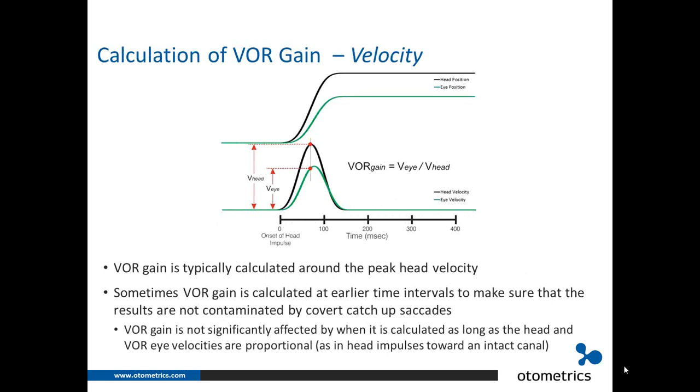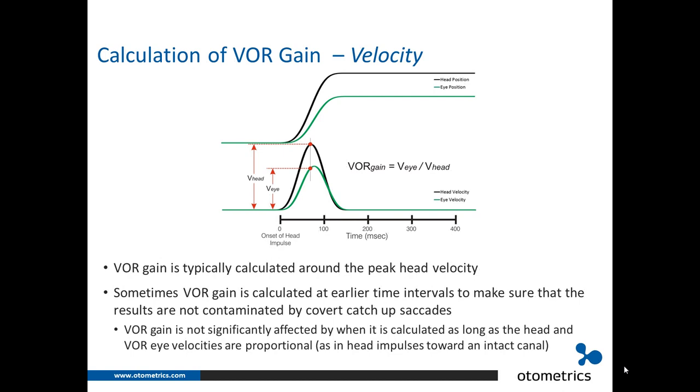The most common method for calculating the VOR gain is based on velocity. For a given time, which is usually around the peak head velocity, the head and eye velocities are determined and the ratio is calculated as shown here. Sometimes the VOR gain is calculated earlier to make sure that there is no chance of encountering a covert saccade around that time.